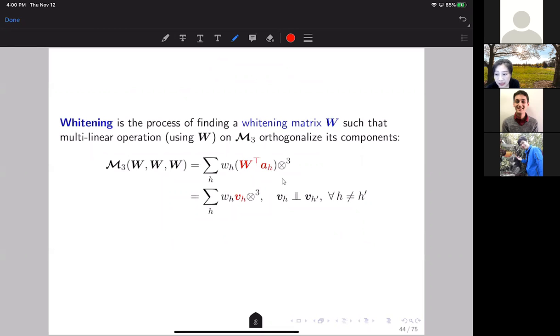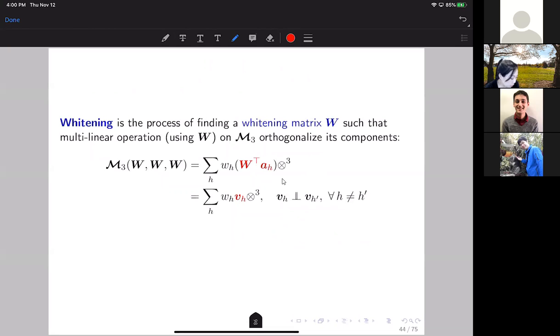Remember last time when we were talking about finding a W that orthogonalizes these AHs, we find those VHs that are orthogonal. So that's essentially the process of whitening. But I didn't tell you exactly how to find such W matrices. So now I'm going to tell you how.